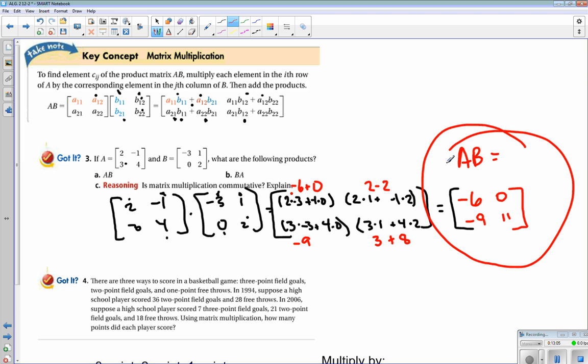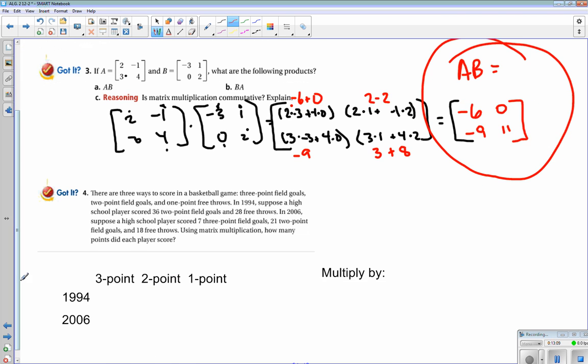So just for practice, we're going to try that one more time. But instead of the first one, we're going to have our B go first and our A go second.